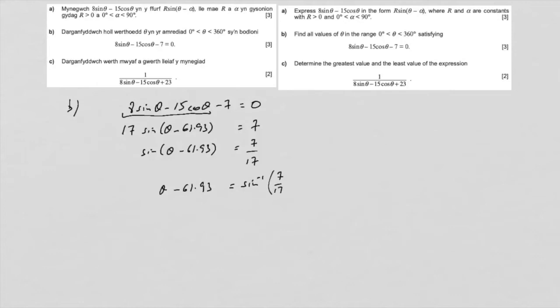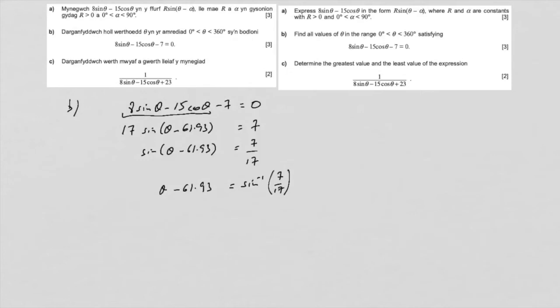So we have 17 sine of (theta minus 61.93), and then we'll add 7 to both sides, so we put that on the other side. That then gives us that sine of (theta minus 61.93) is equal to 7 over 17. Therefore, theta minus 61.93 is sine to the minus 1, or inverse sine of 7 over 17.